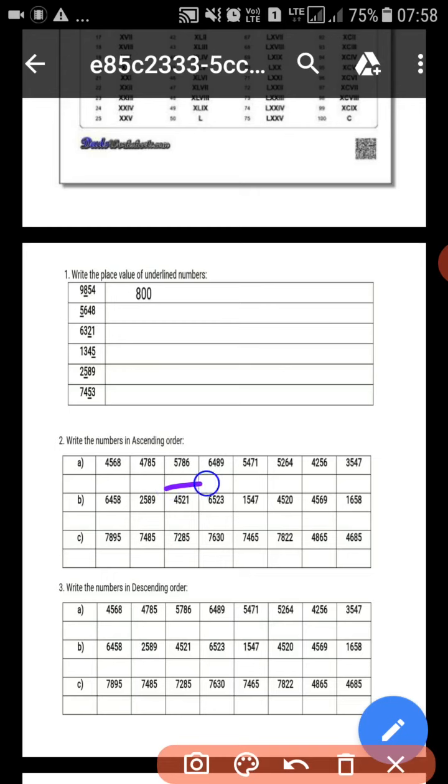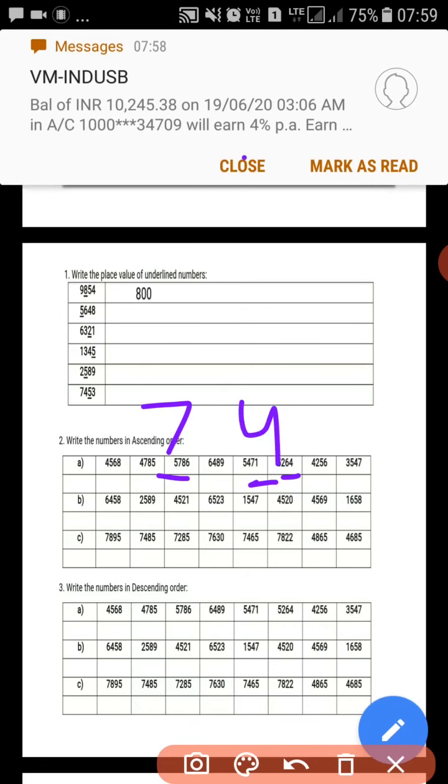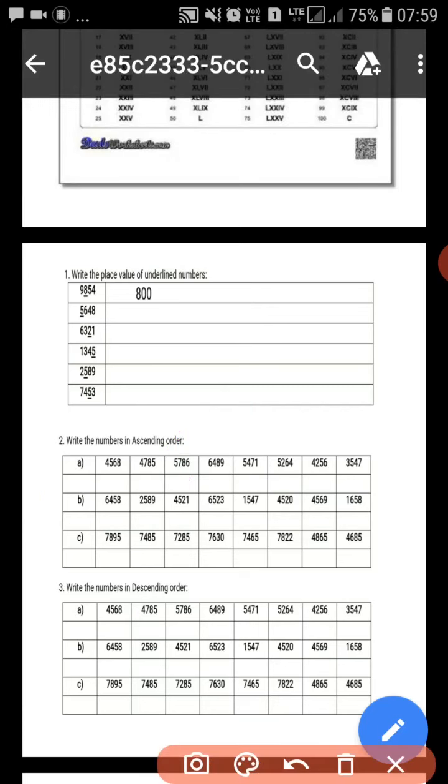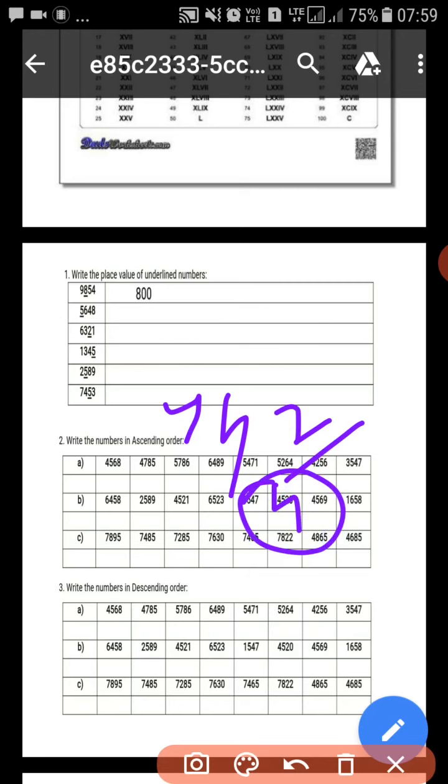Then next, the first digits remaining are 5 and 6. So the smallest is 5. 5 is the first digit of these 3 numbers. So we have to see the second digit of these 3 numbers. It is 7, 4 and this is 2. So 2 is the smallest number. So we will write this number next. Then the second smallest is 4.